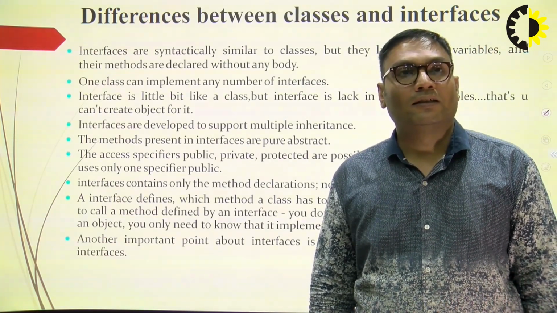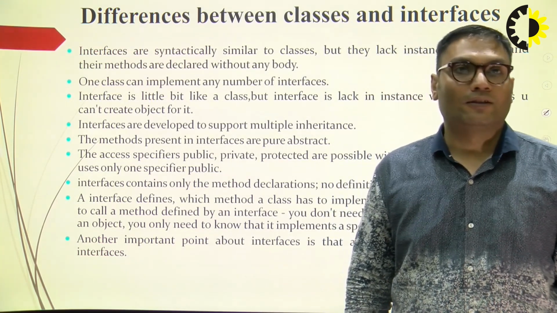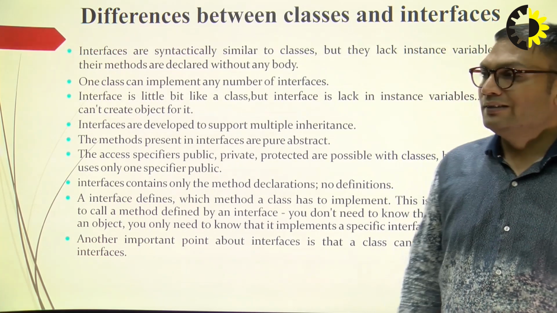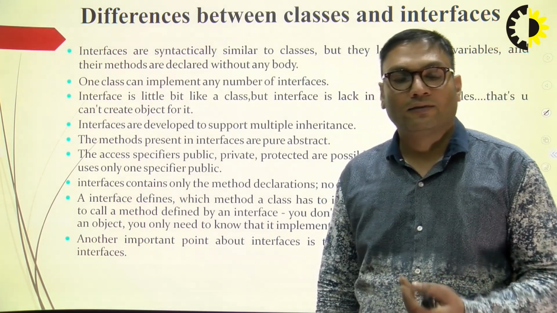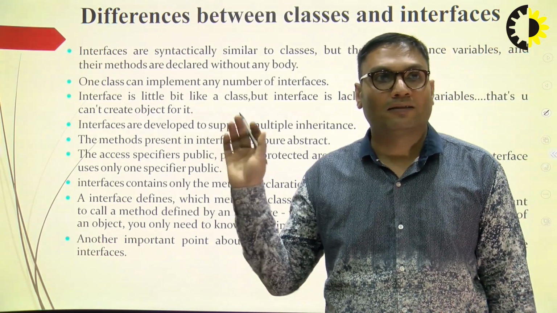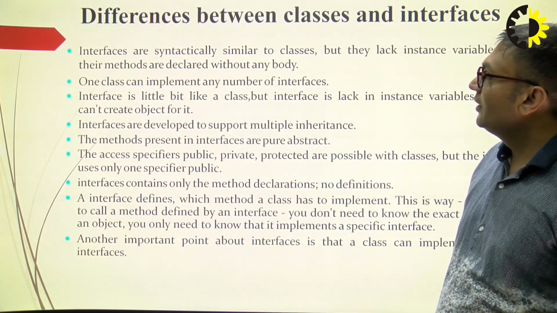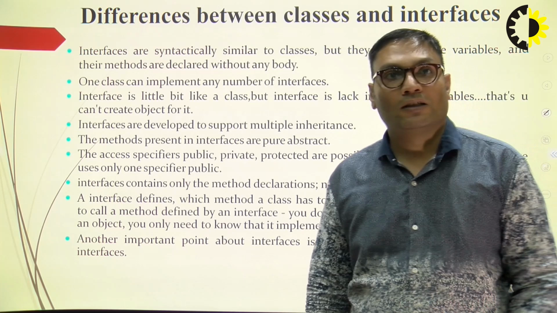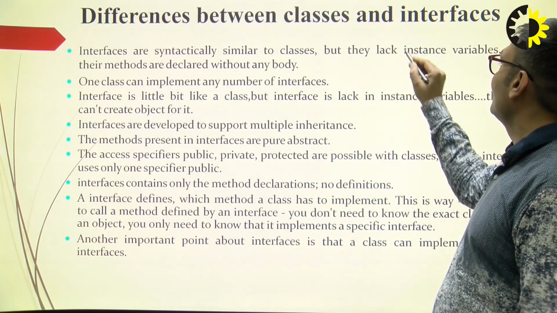So let's see what is the basic difference between a class and an interface. Generally, interfaces are defined or declared in a similar manner to a class. That's why this comparison comes into the picture. Interfaces are syntactically similar to the class, but they lack instance variables.